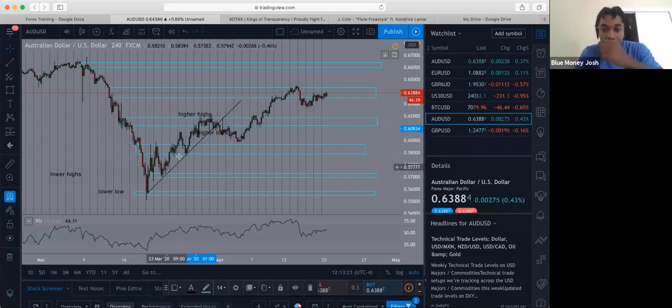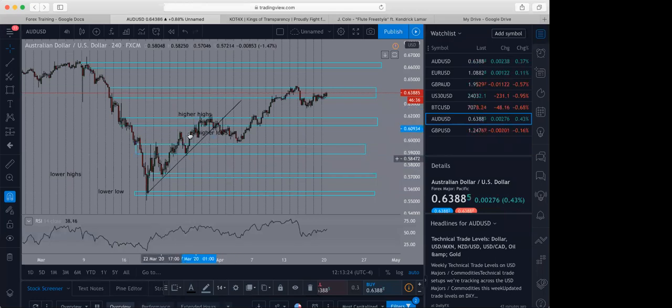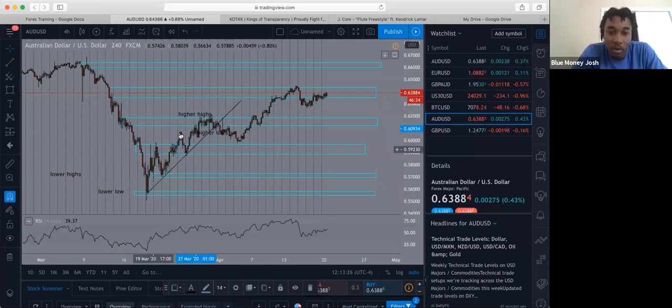It's just like a staircase. These are steps. As long as it follows these higher highs and higher lows and stays in this trend line, it's going to buy, regardless, as long as it follows those two steps.